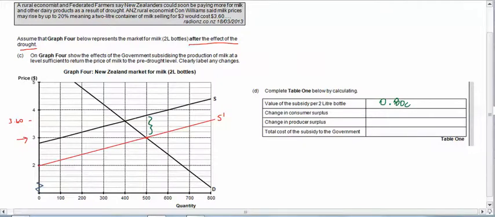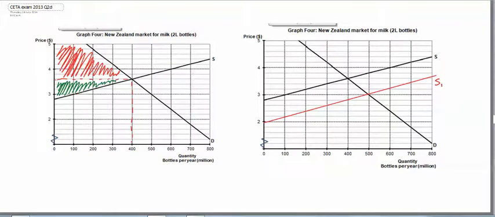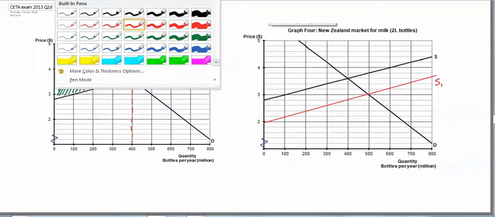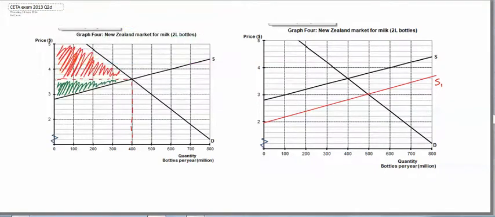The next thing to look at is the change in consumer surplus. You can see in the original market illustration before the subsidy was given that the consumer surplus is here, the red area. Clearly we can't see the whole lot, and we don't need to calculate the whole lot of the consumer surplus, because we're only asked for the change in consumer surplus.